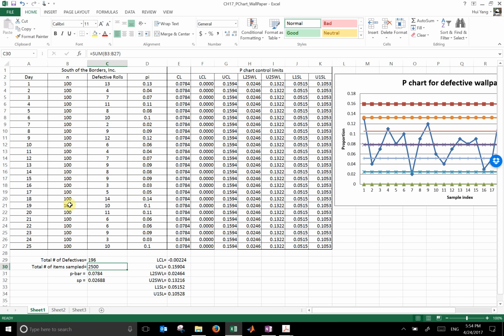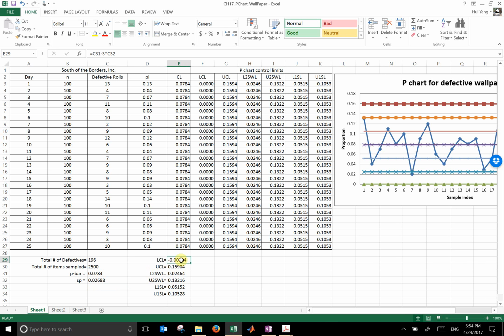Each day, 100 rows. So P bar is the total number of defectives divided by the total number of items sampled. And SP, you see here, is P bar times 1 minus P bar divided by 100, then we take the square root.